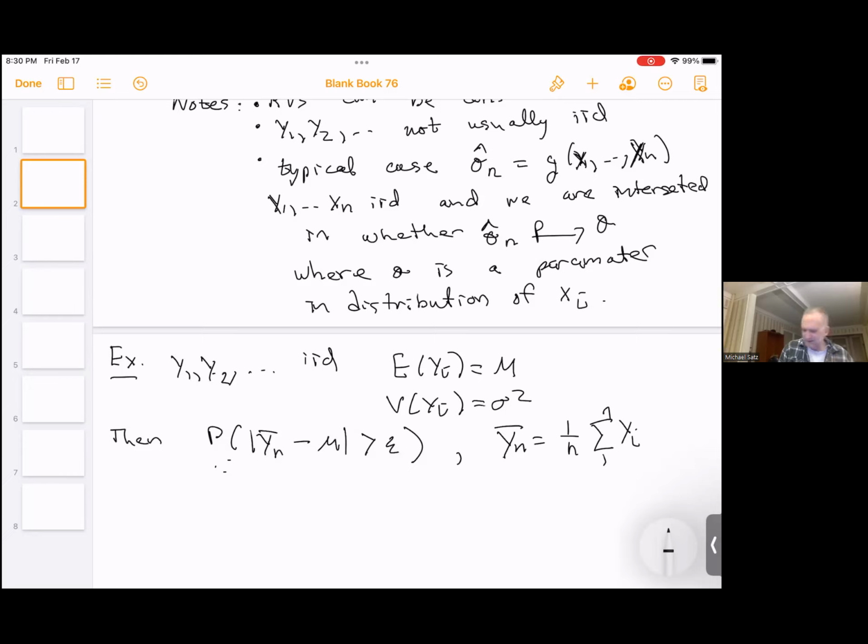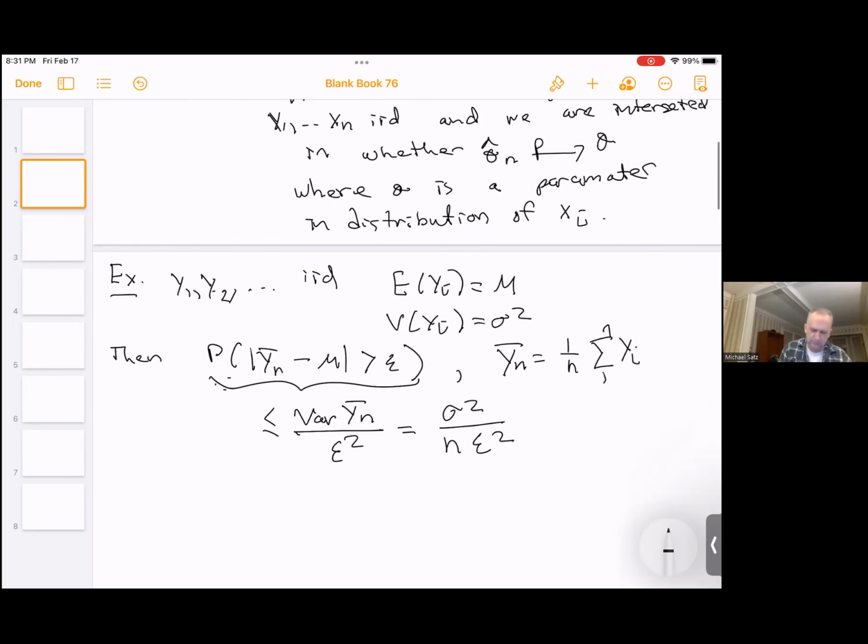what do we know about this from Chebyshev's inequality, right? This is less than or equal to the variance of Y bar n over epsilon squared, which is equal to sigma squared over n epsilon squared.